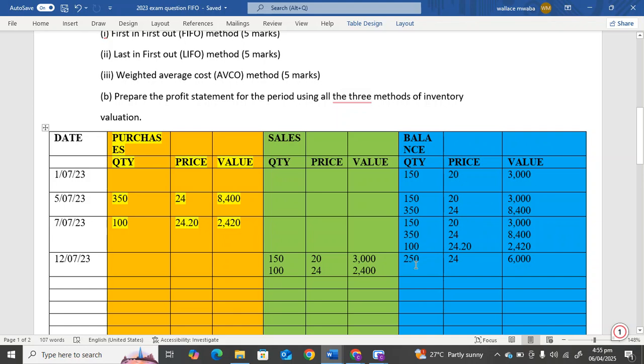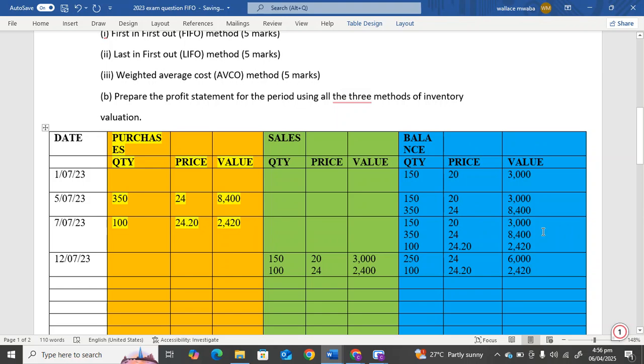So 600 minus 250, we remain with 350: 250 of them at 24 kwacha, then 100 at 24.20. This is what we are remaining with.